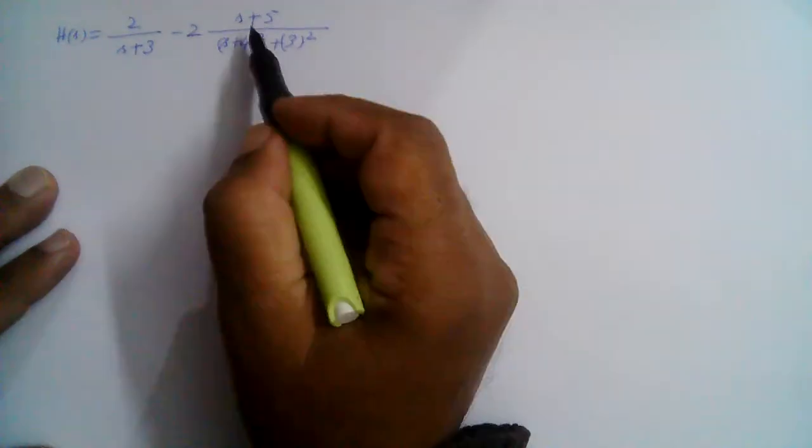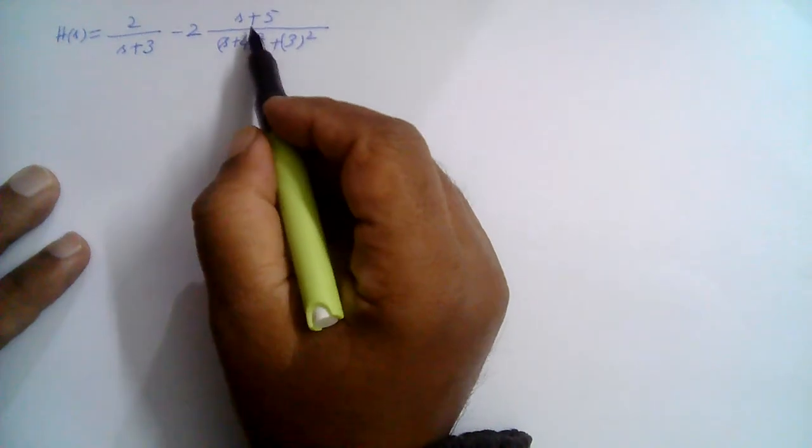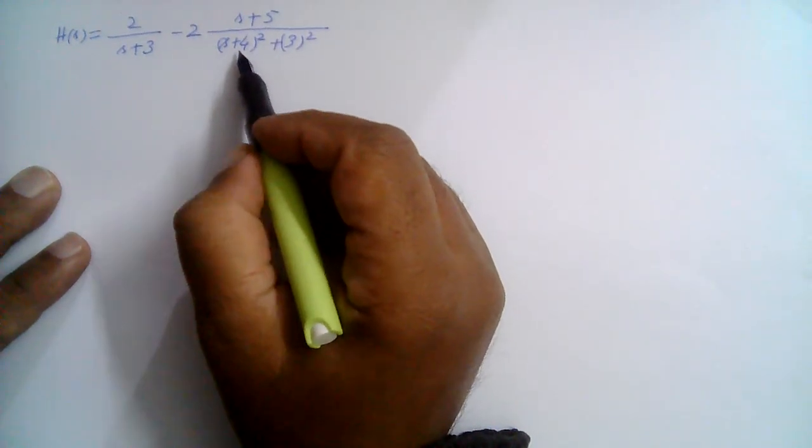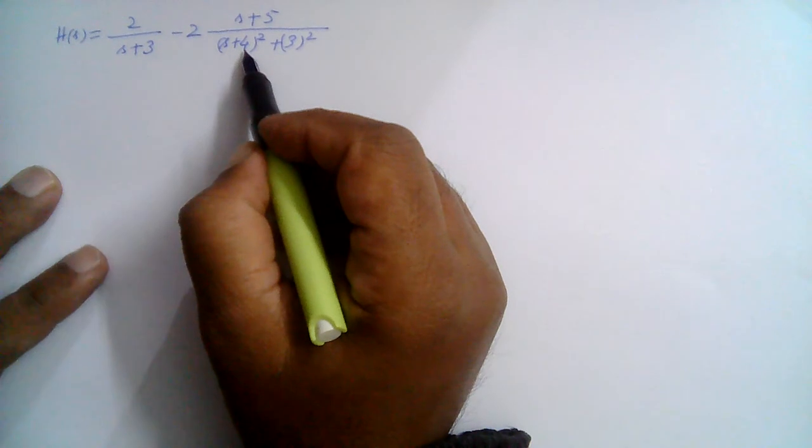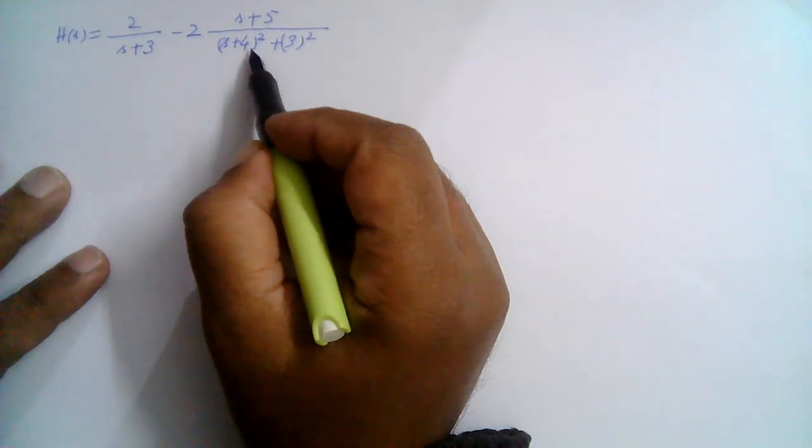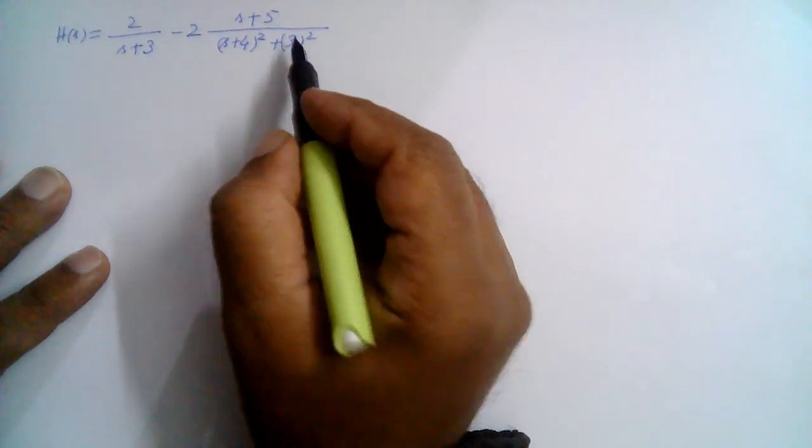So we know that if we have s plus 4 here, then this will be the Laplace transform of e raised power minus 4t cos 3t, right?